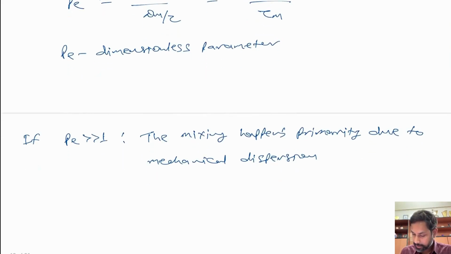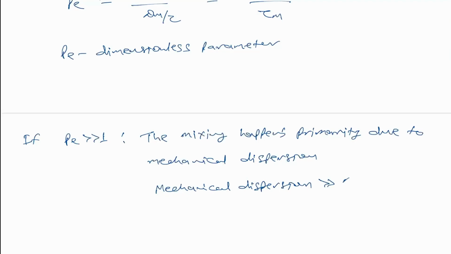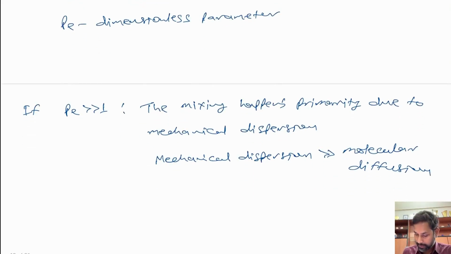Or in other words, your mechanical dispersion is much greater than molecular diffusion, right? That is the much greater than 1 regime for the Peclet number.